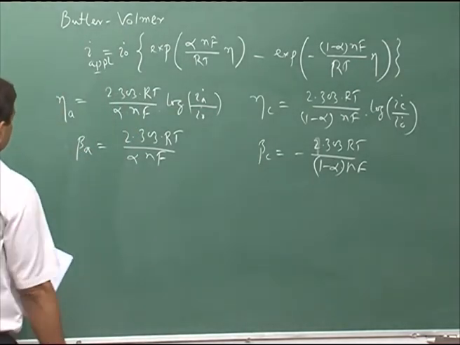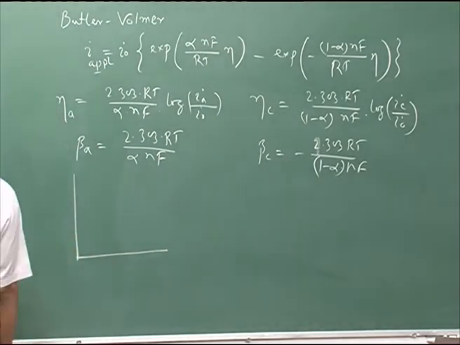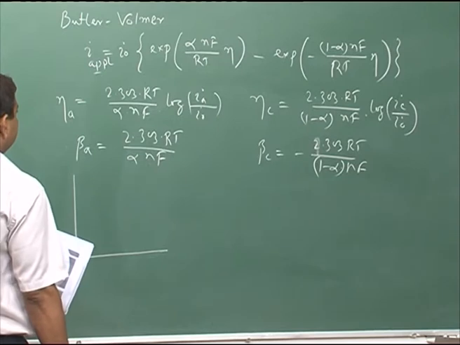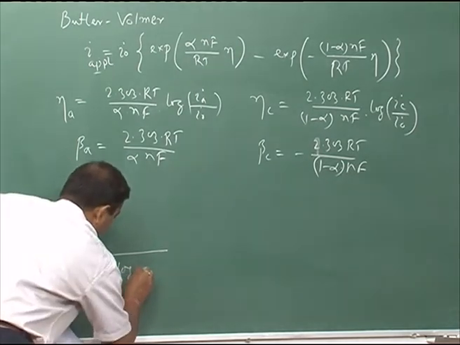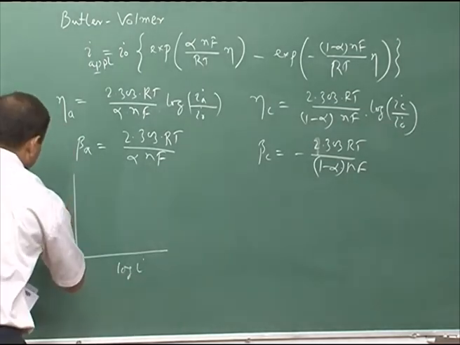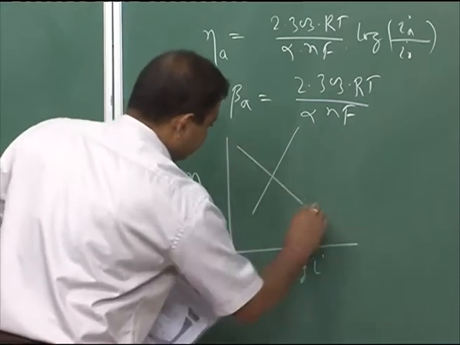Now, if we plot for a single electrode system the cathodic and anodic polarization with respect to log I, then the overvoltage plot would be like this.